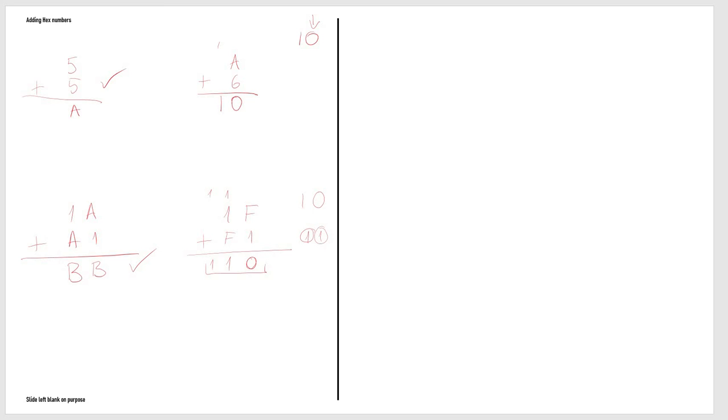Okay, let's have a look at another problem. So we have A5 plus B1. So 5 plus 1, very simple, 6. We don't need to go into the second column. We don't need to carry anything over. So we're going to write 6 here.